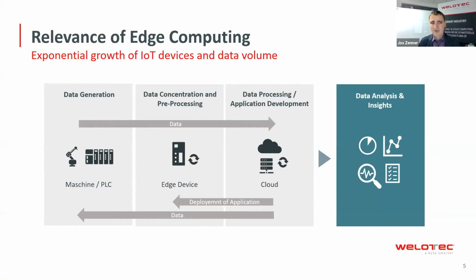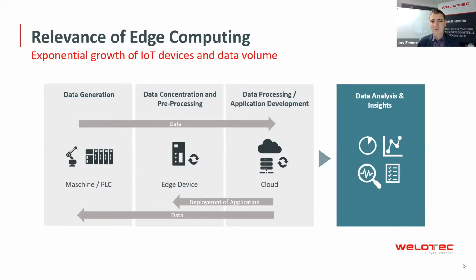If we are looking at edge computing, we always have some kind of data generation from the sensors, PLCs, RTUs, that's machine or secondary substation. And this data is then, through an edge device, computed, converted, and sent to the cloud.